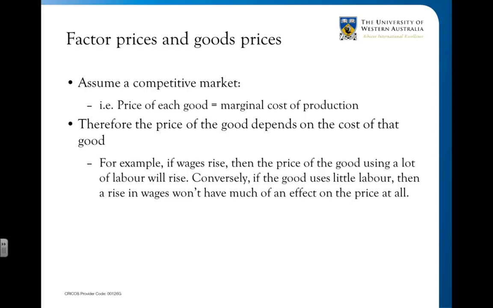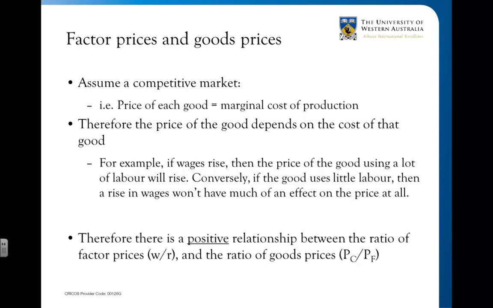Because if you're only using a little bit of labour, an increase in the wages won't increase the overall cost of the good all that much, and so it won't have much effect on the price, because the increase in the cost is relatively small. That's something that we're going to use a little bit later in terms of the intensity of the factors and the effect that has.